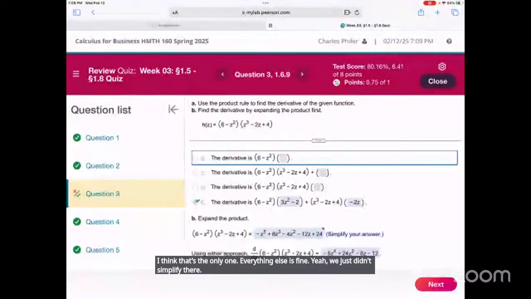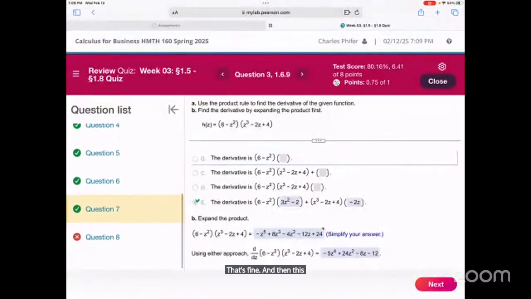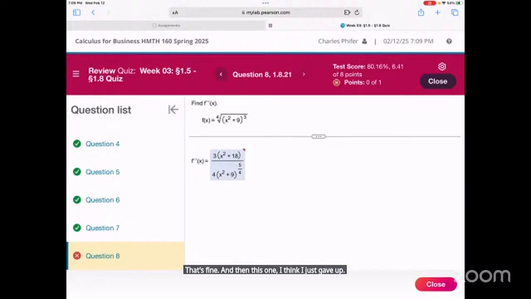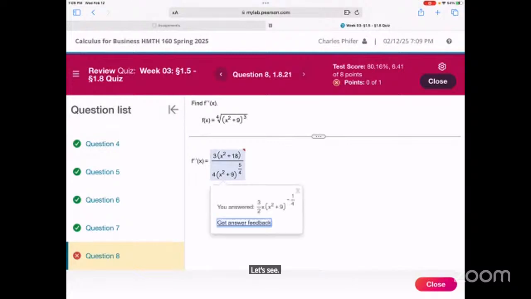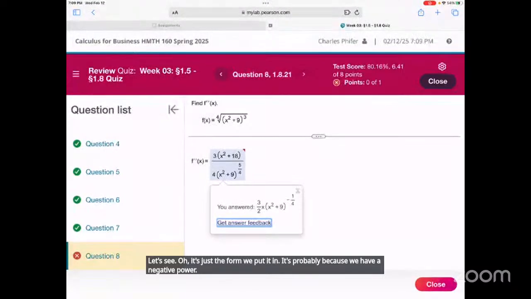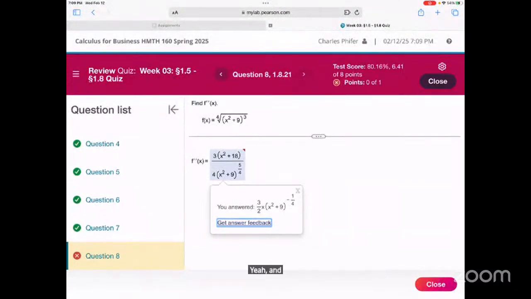And then this one, I think I just gave up. Oh, it's just the form we put it in. It's probably because we have a negative power, and we need to rationalize it. So I think what we have is fine. Yeah, I think we need to rationalize there.